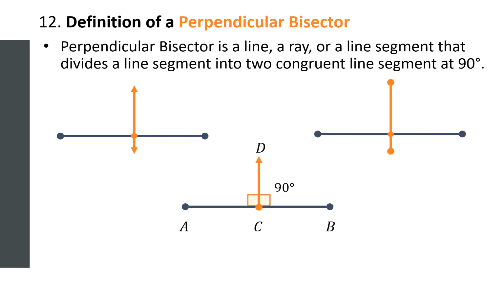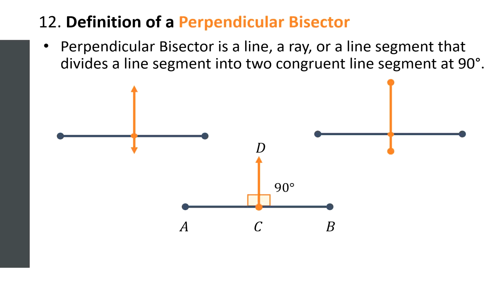Pwedeng maging ray, o kaya line segment, as long as na-divide niya yung line segment into two congruent parts, at, take note, at an angle of 90 degrees. So dito, dalawa yung rule natin. Kailangan, binisect mo or hinati mo sa gitna yung line segment, pangalawa, at an angle of 90 degrees. Kaya nga siya ay perpendicular.